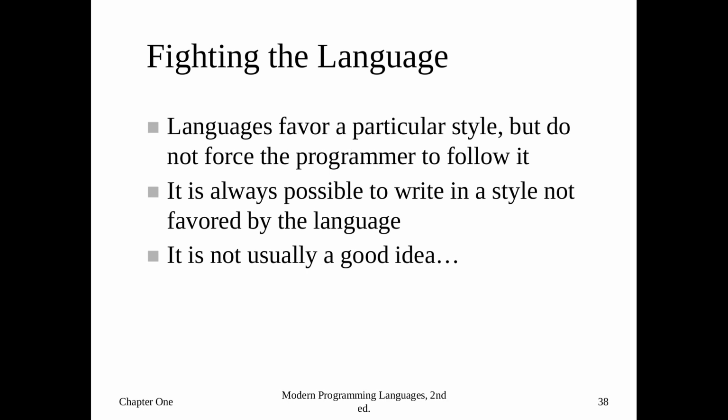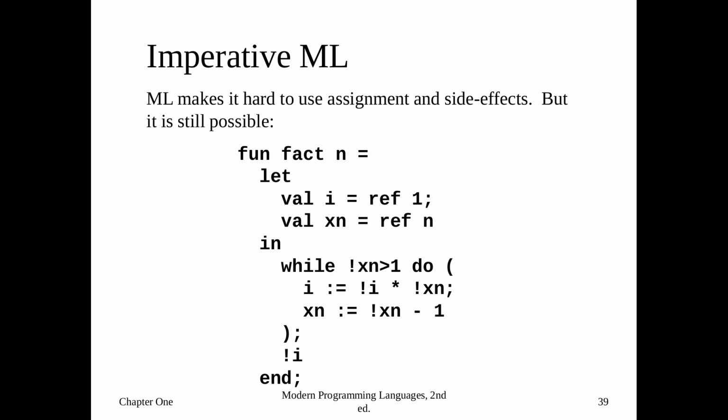There are ways to go against a language, though, and I'm going to show you those. When you start programming in a style not quite what the language expects, or goes against the grain, if you will, it turns out not to be very good looking, or doesn't meet some of those criteria that we said for language evaluation. So, in fact, we can do imperative ML, which we won't use in here, but it looks nasty.